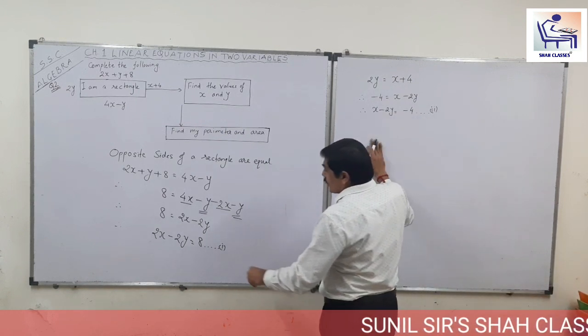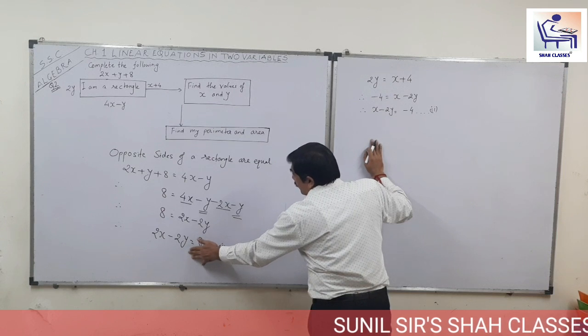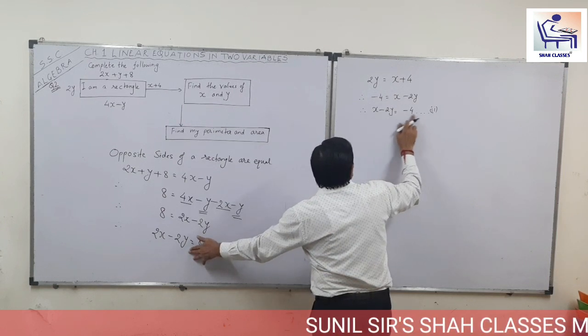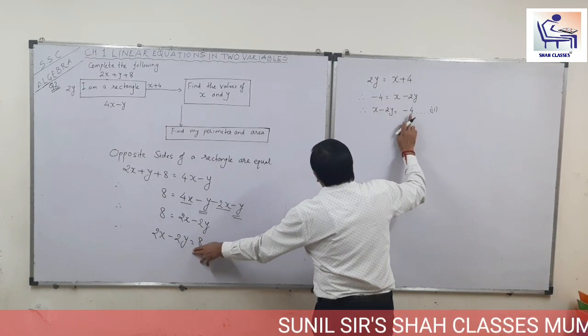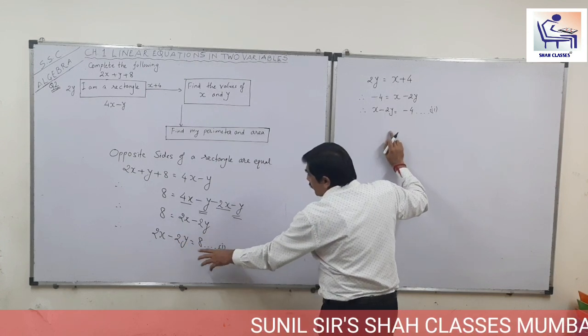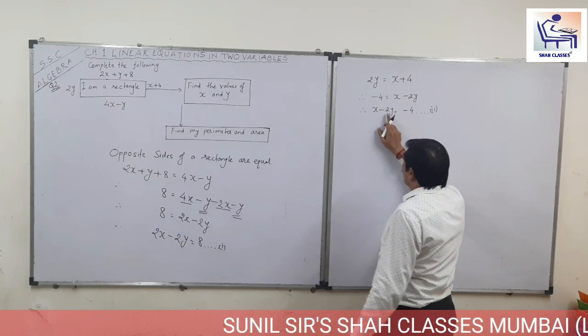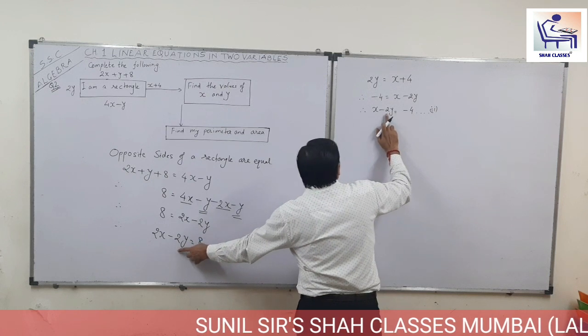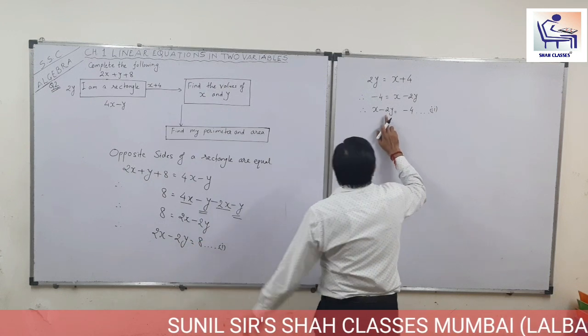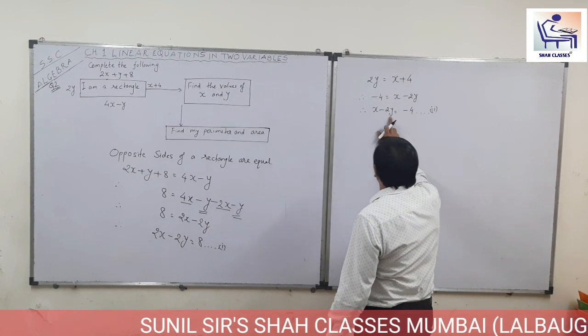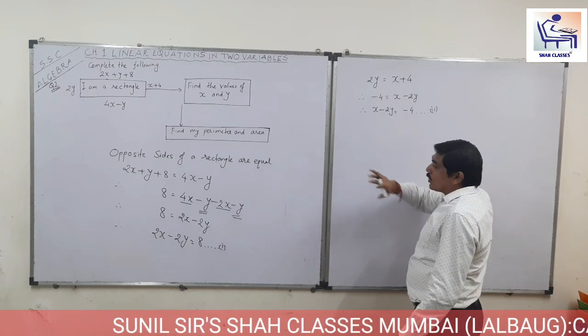Let us see what we have got in the equations: x minus 2y is equal to minus 4, and here we have the equation 2x minus 2y is equal to 8. So minus 2y they are same. These coefficients and the variable are same, and the sign is also same.